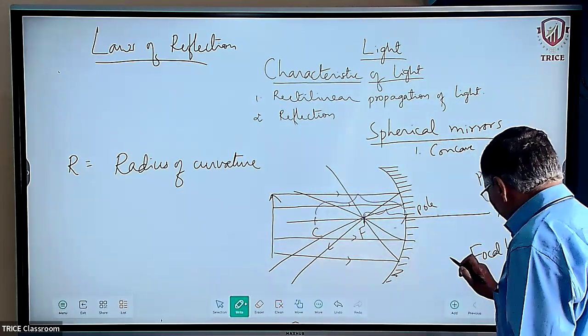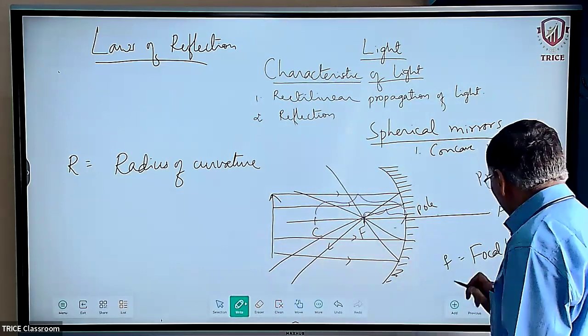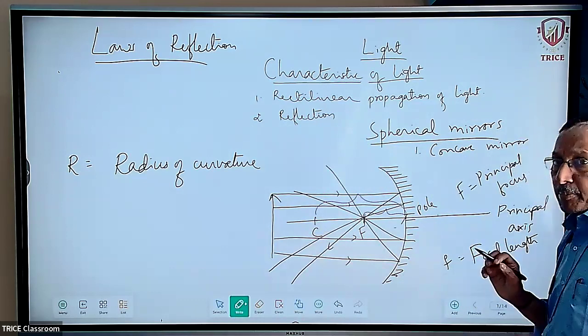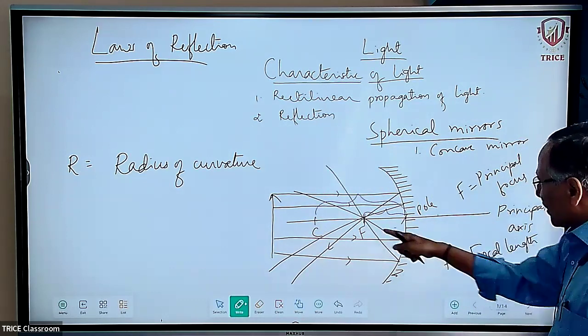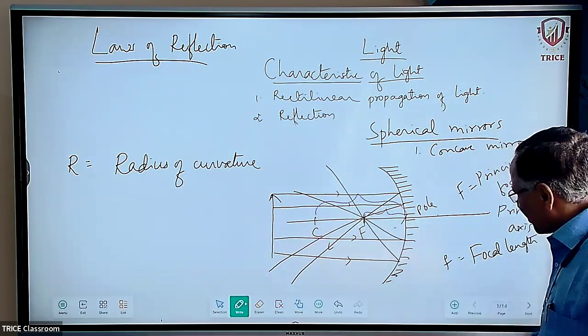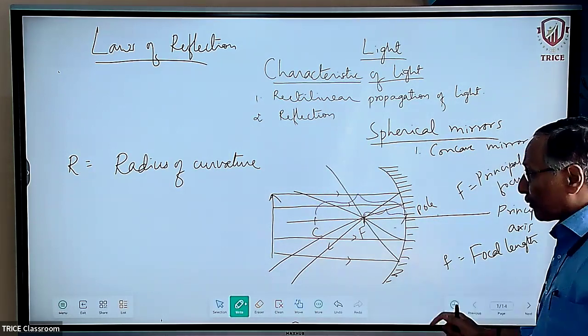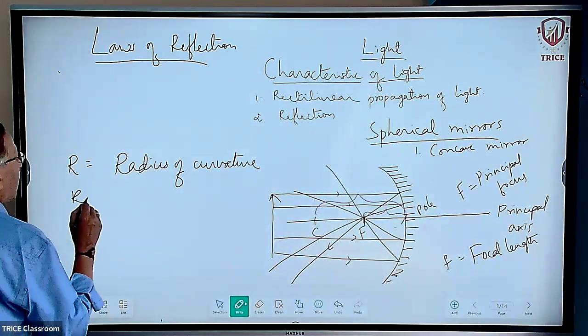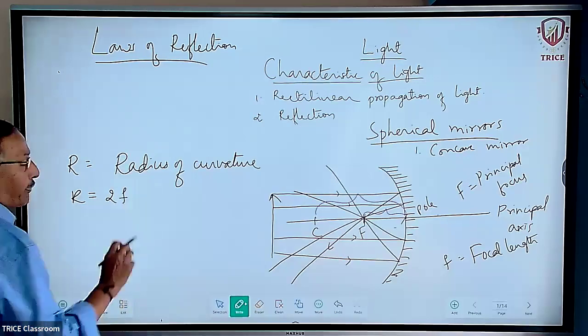Focal length is shown as small f. Principal focus is shown as capital F. Remember this, okay? Focus is shown by the letter capital F. Focal length is denoted by small f. Now this R is equal to 2f.